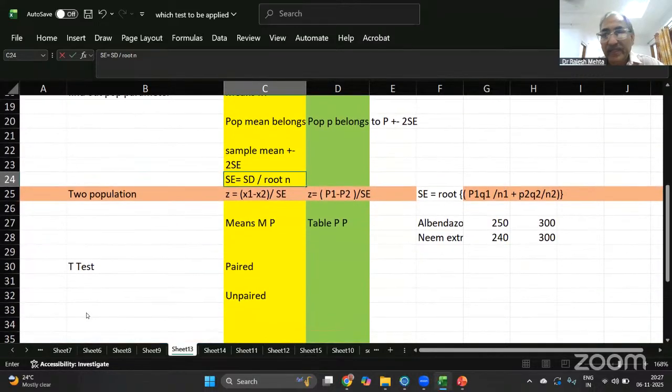The next would be, if we have two populations, when you are comparing two populations, essentially you are taking two samples and finding out whether the difference is significant or not.